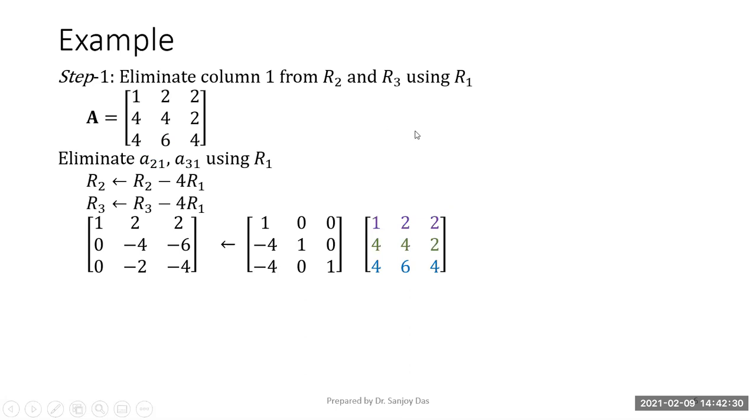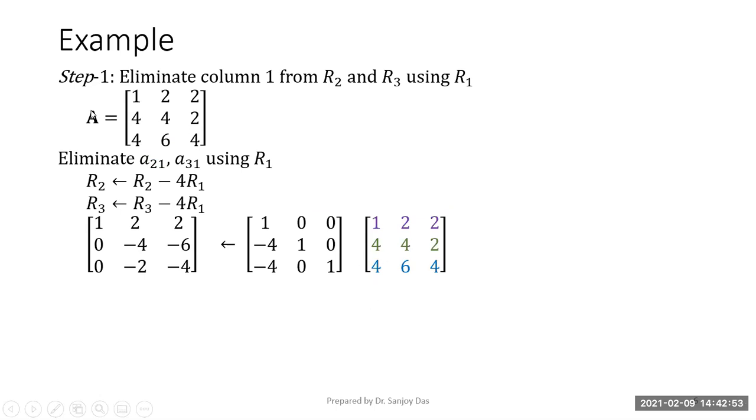Actually, let's see how it looks before we proceed to the general case. Let's look at what happens in terms of matrices. Okay, these row operations that I did in step 1 are equivalent to a matrix multiplication.